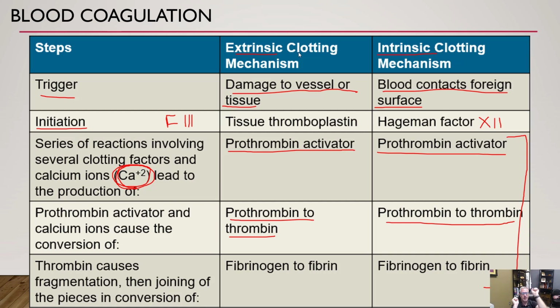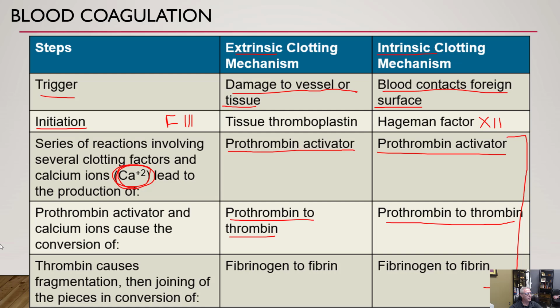So they'll have extrinsic, intrinsic, and then a combined extrinsic and intrinsic. And that's what this textbook does. I like to leave it as extrinsic, intrinsic, and then a final common pathway.